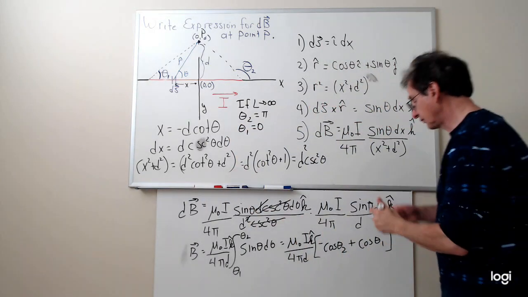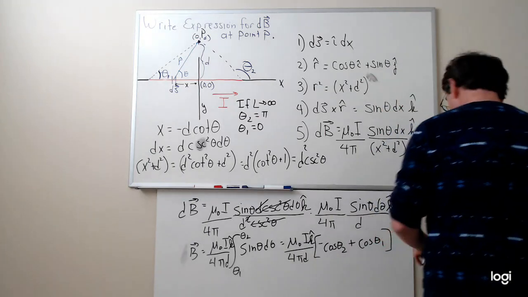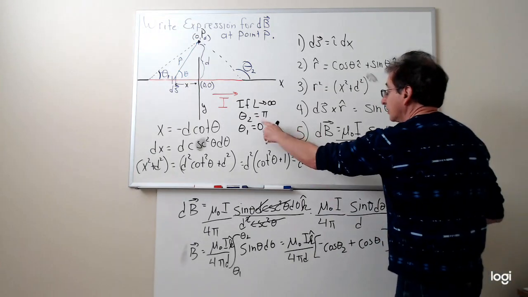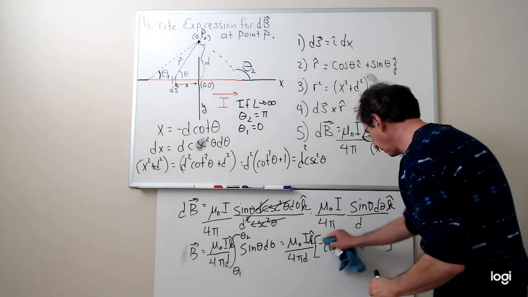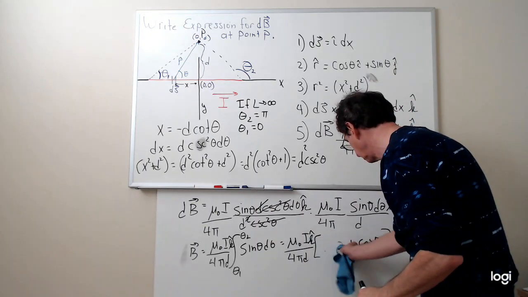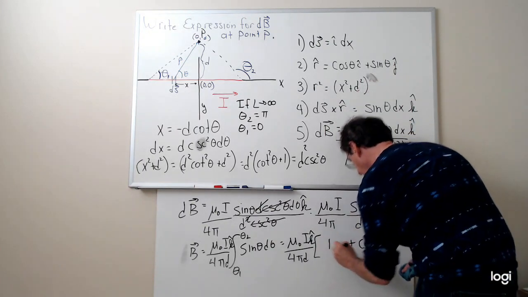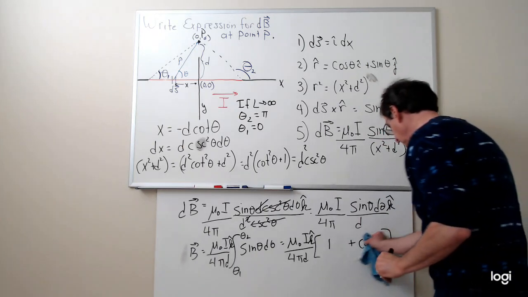So if I put those values in here, I put cosine of pi here, I get minus 1. Cosine of 0 gives me 1.